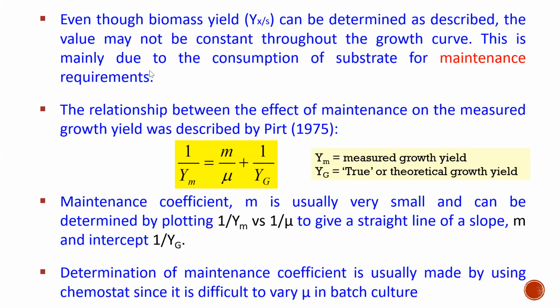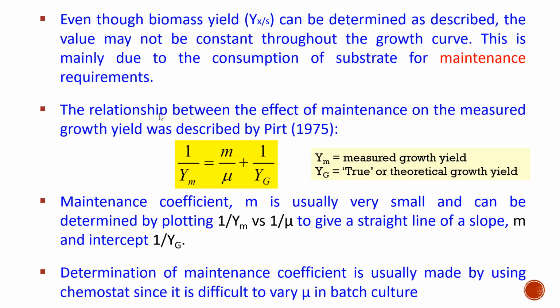This is mainly due to the consumption of substrate for maintenance requirements. In a real case scenario, the substrate is not only used for growth. The substrate is also used for maintenance, and no growth occurs in that phase. So that's why there is a little bit of inaccuracy if you use the previous methods.